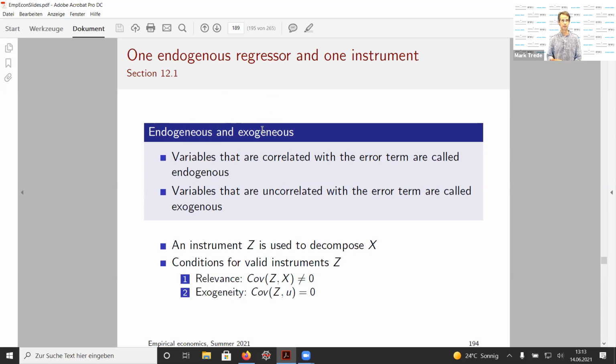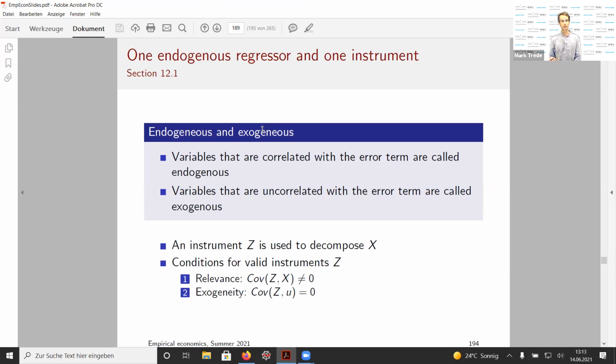Okay? So I think it's good parlance to talk about the right-hand side variables, x1, x2, and so on, in the multiple regression framework as the regressors, not as the exogenous variables, because as we can see here, the word exogenous is reserved for those regressors that are uncorrelated with the error term.